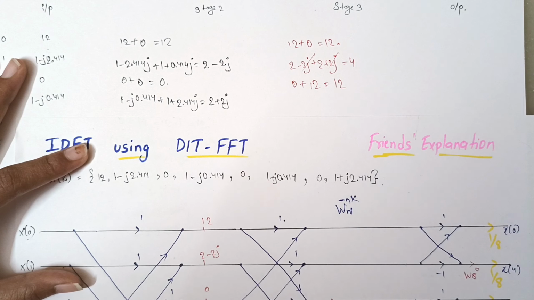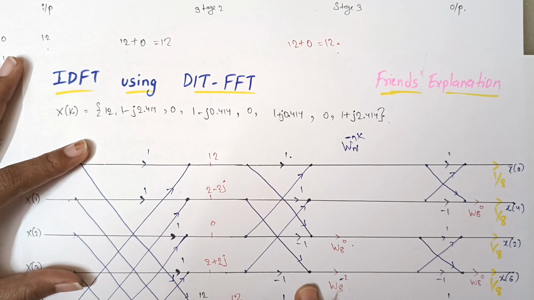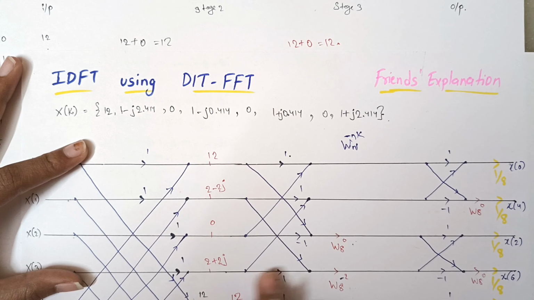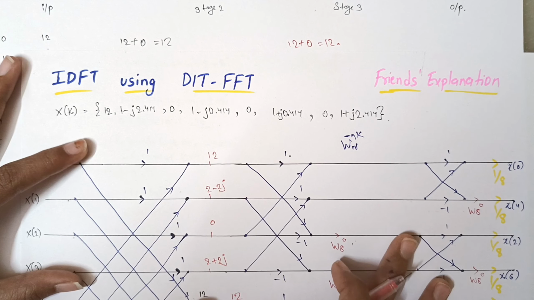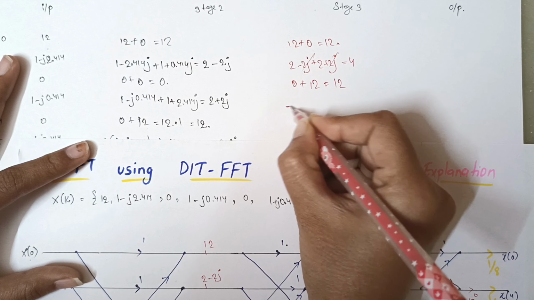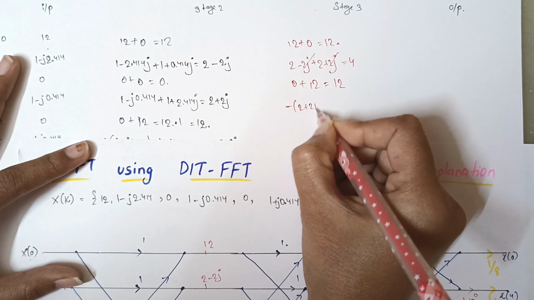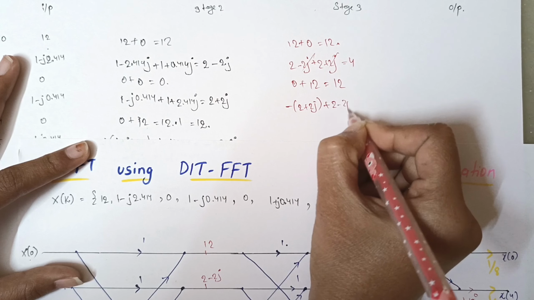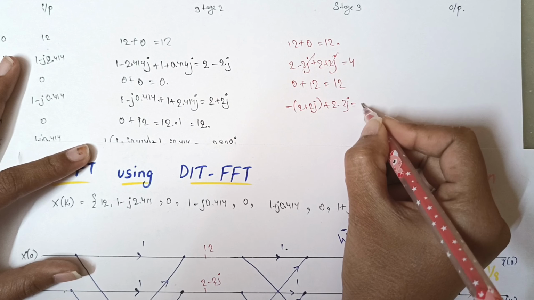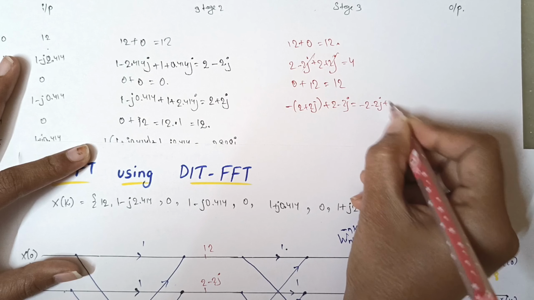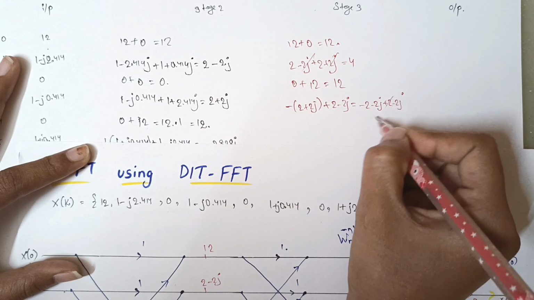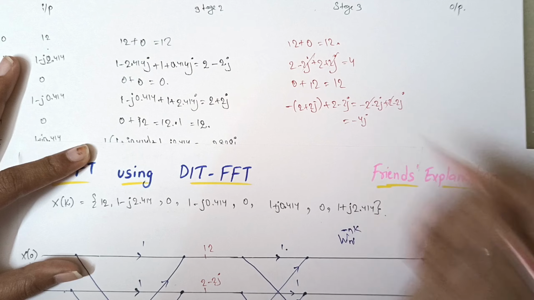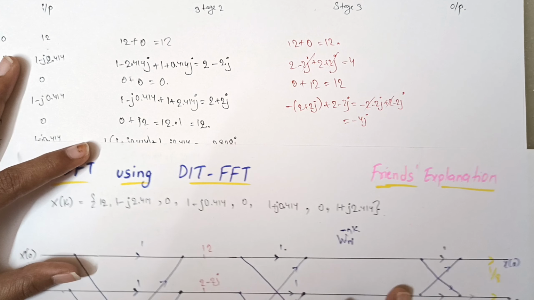And for this line we are getting 2 plus 2j, and from here also it is getting multiplied by -1, and from here we are getting 2 minus 2j. So we got minus 2 minus 2j plus 2 minus 2j, so these two will get cancelled and we will get -4j.